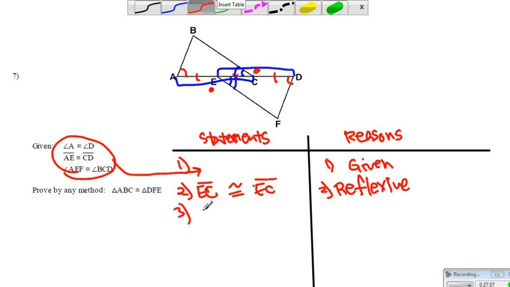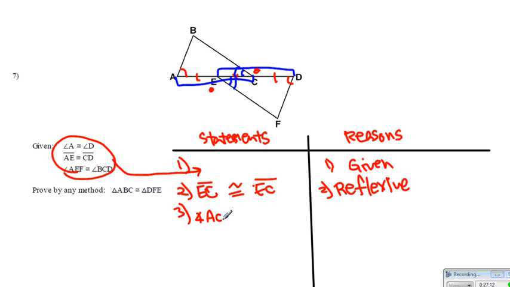So here we have angle ACB and angle DEF are supplementary to angle BCD and angle FEA.